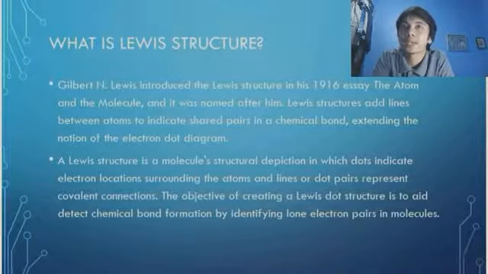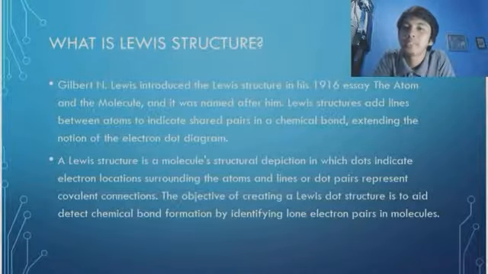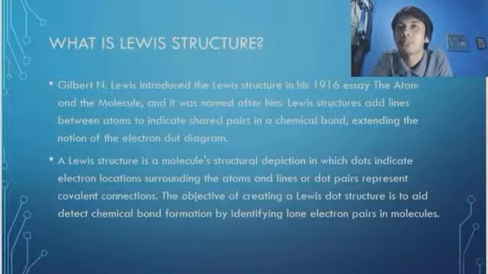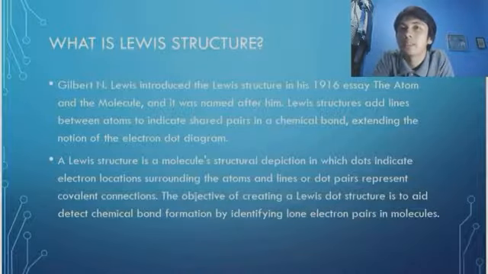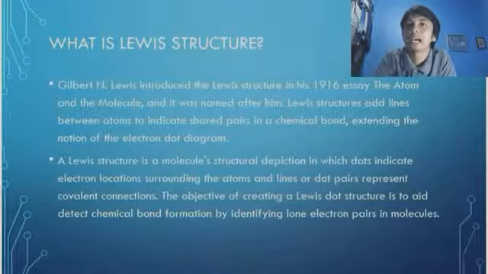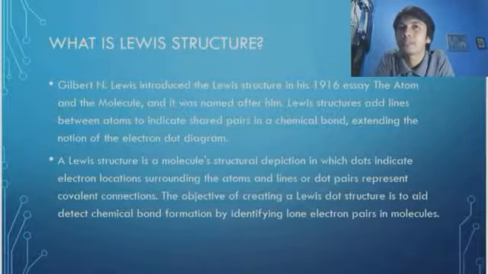Lewis structures add lines between the atoms to indicate shared pairs in a chemical bond, extending the notion of the electron dot diagram. And we have the second definition here. A Lewis structure is a structural depiction of a molecule in which dots indicate electrons' location surrounding the atoms, and lines or dot pairs represent covalent connections.